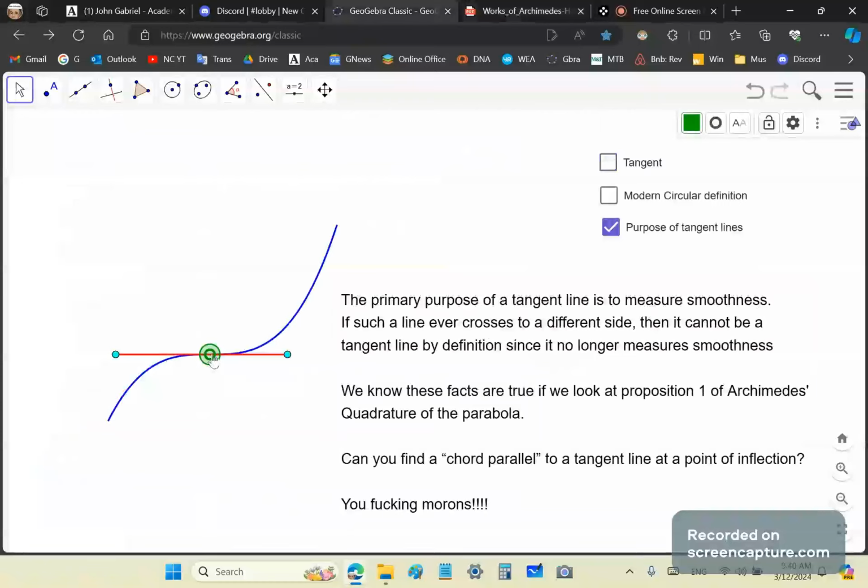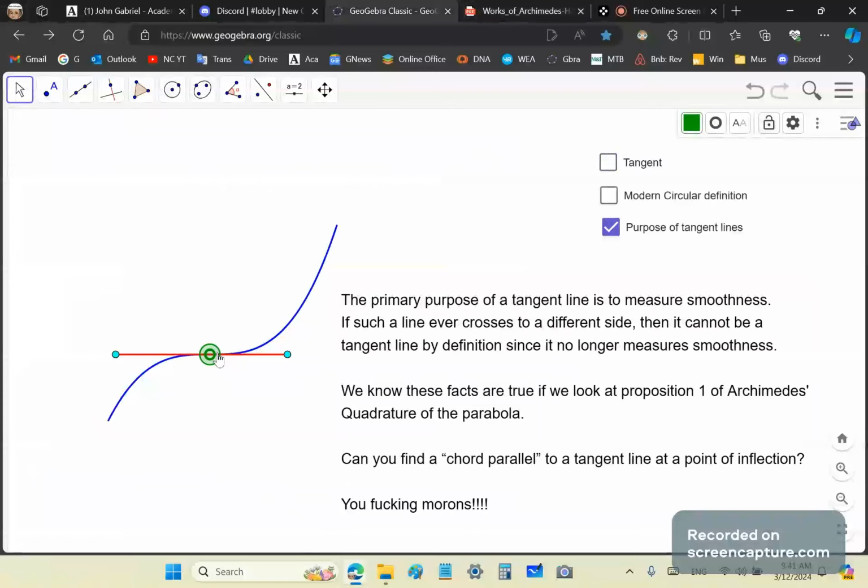But that doesn't mean that there's a tangent line there, all right? So it doesn't affect the smoothness as long as the concavity changes at the inflection point. So once the concavity changes, we still consider it smooth. But if the concavity didn't change, the curve would no longer be smooth at that point.